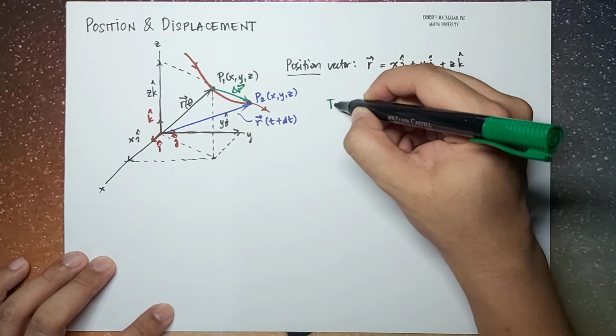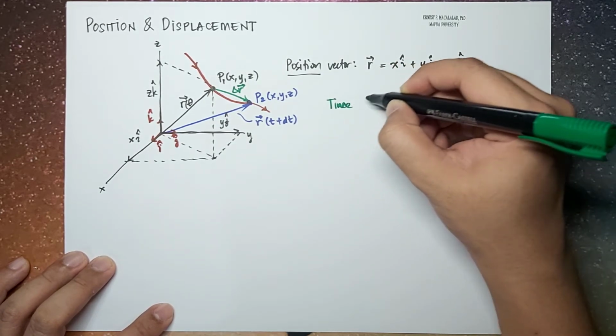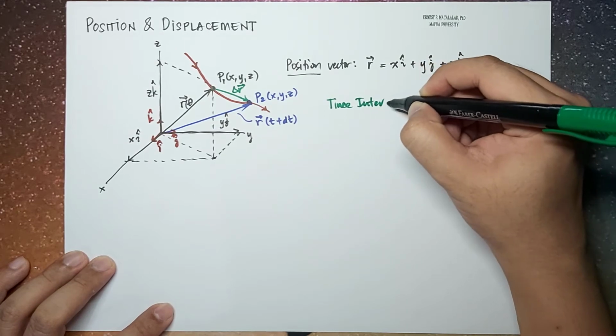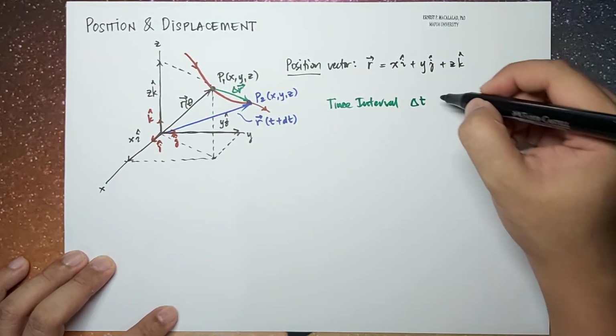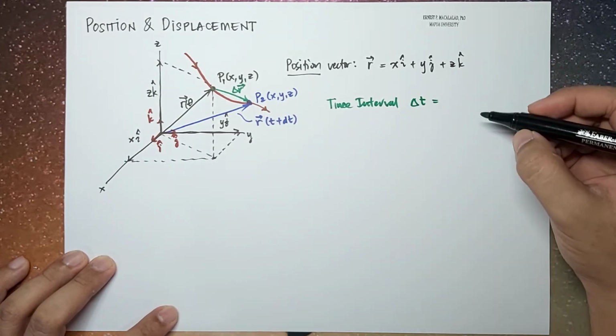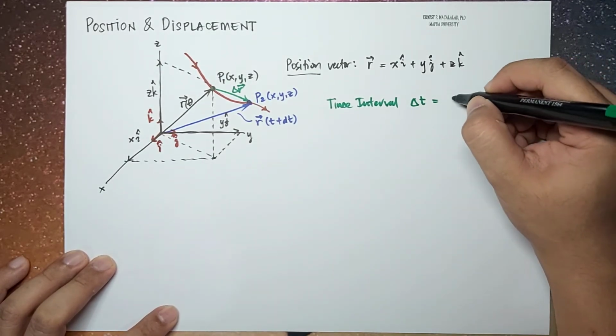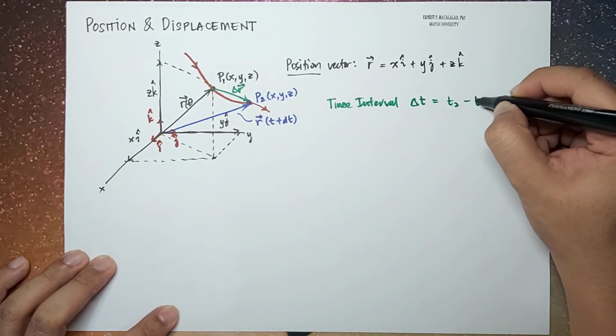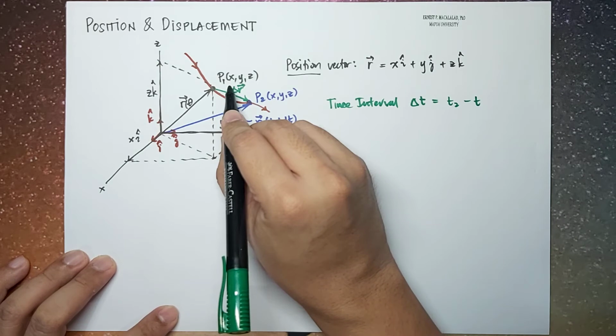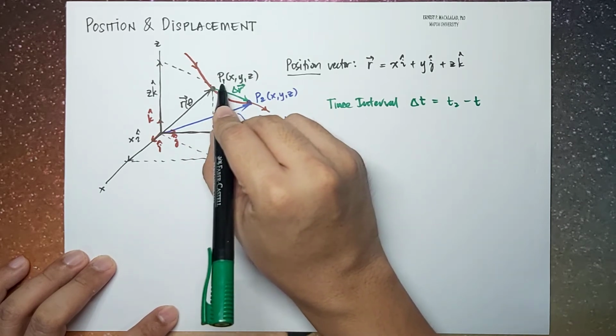Here we define the time interval delta t, which is equal to the time at position point P2 minus the time at position point P1.